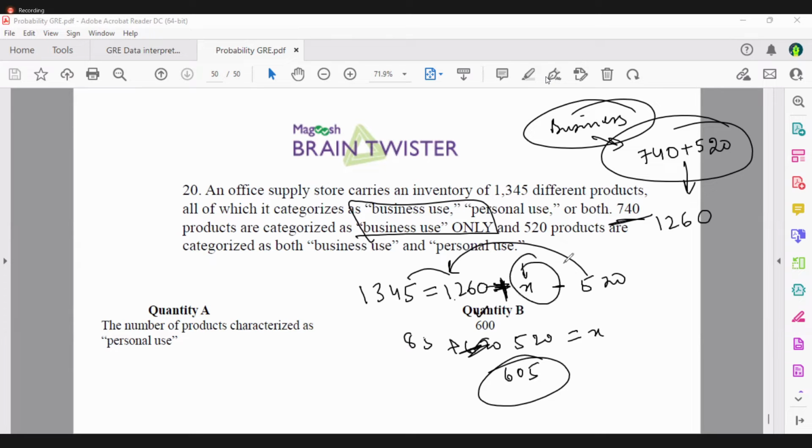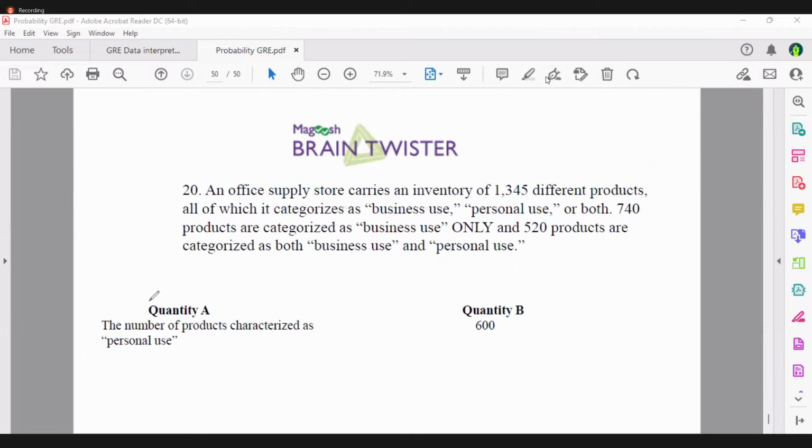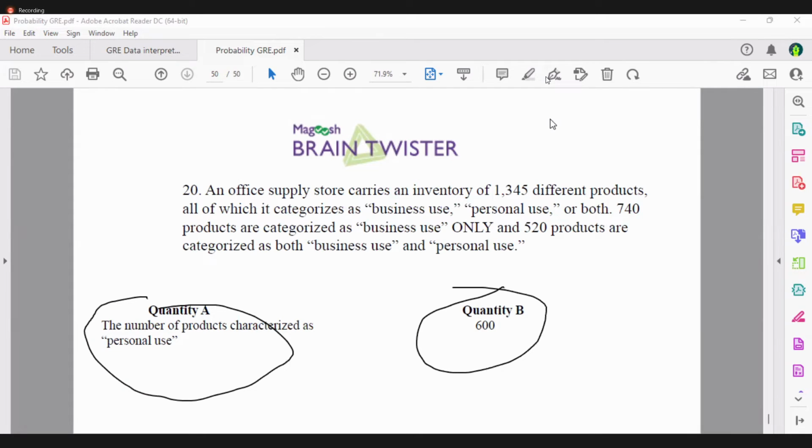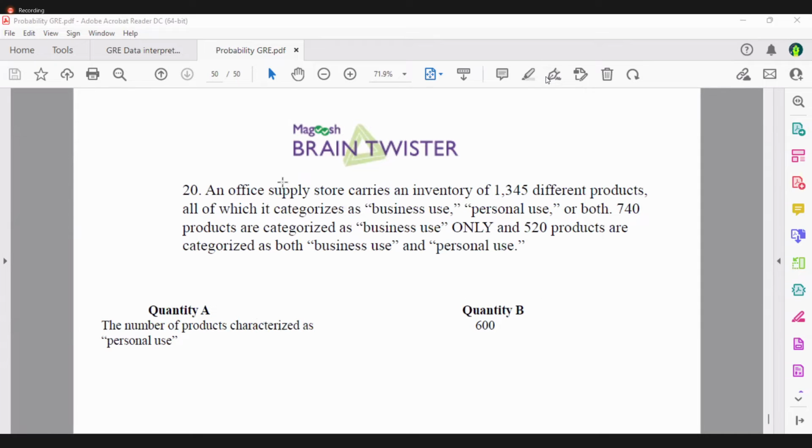So 605 are products which are for personal use, which may also include products for business use as well. So this is 605, this is 600. Therefore A is greater.